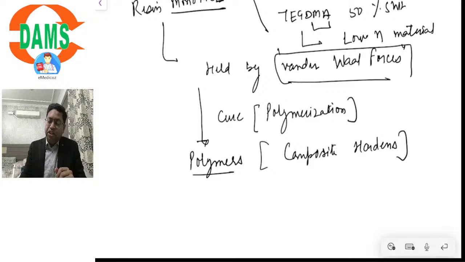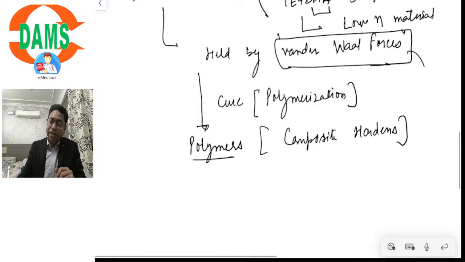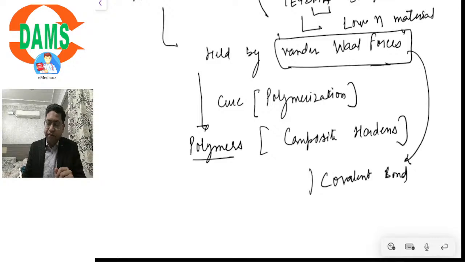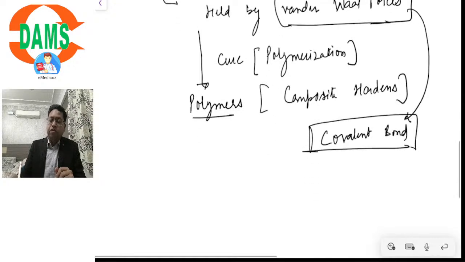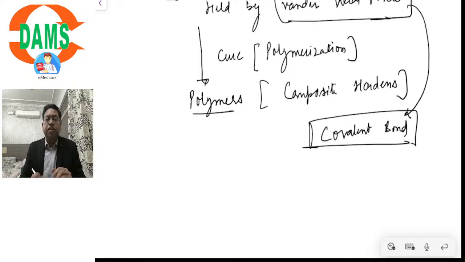Whenever there is polymerization from the resin monomers to the resin polymers, the bonding pattern changes from van der Waals forces to covalent bonds. So the molecules in the polymers are held together by stronger forces called covalent bonds. Van der Waals forces are weak molecular attractions. They convert to covalent bonds in the polymers.